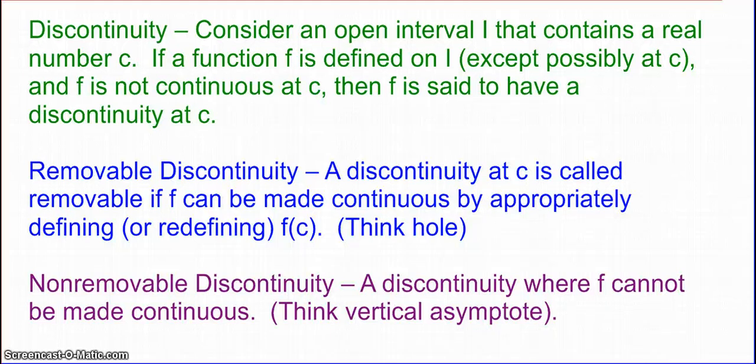An example is a hole. Think about when we factor and reduce the function to get rid of the hole; that's a removable discontinuity. A non-removable discontinuity is one where f cannot be made continuous, like a vertical asymptote. There are other examples of removable and non-removable discontinuities, but these are two that you should be able to picture easily in your head.